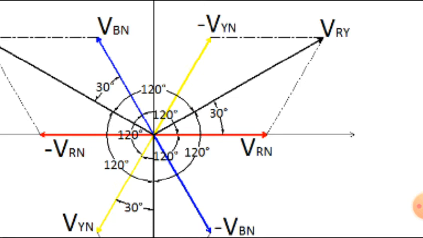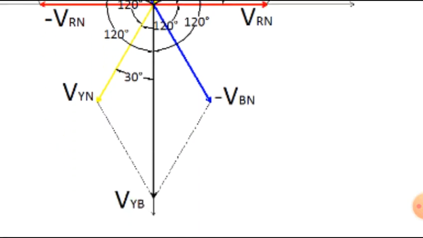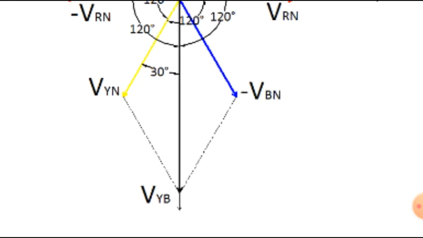If we divide that by 2, 30 degrees is the angle between VRY and VRN. And if you look at each phase and line voltage, it's always 30 degrees.